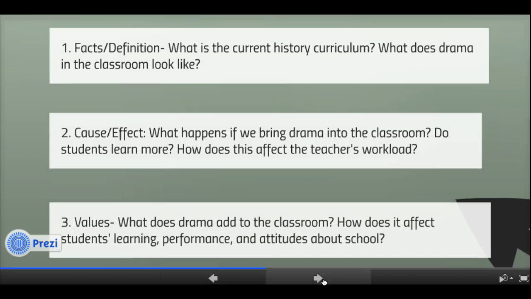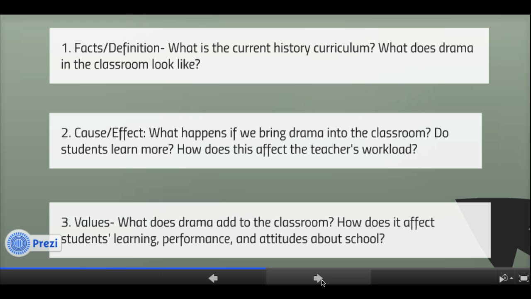Also with cause and effect, what happens if we bring drama into the classroom? Do students learn more? How does this affect the teacher's workload? Making sure that I look at how this is going to affect everyone involved will make my argument a lot stronger. Once I've looked at cause and effect, then I can look at values. What does drama add to the classroom? How does it affect students' learning, performance, and attitudes about school?